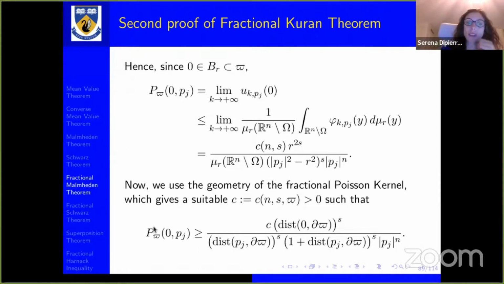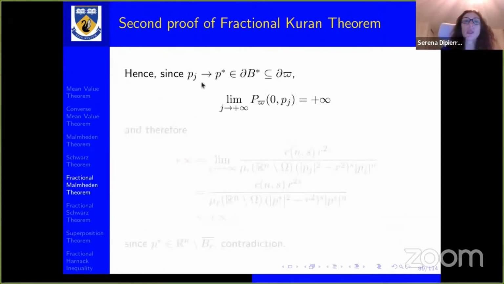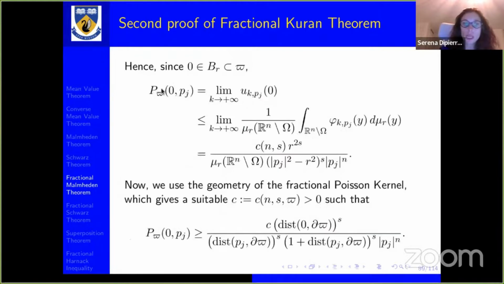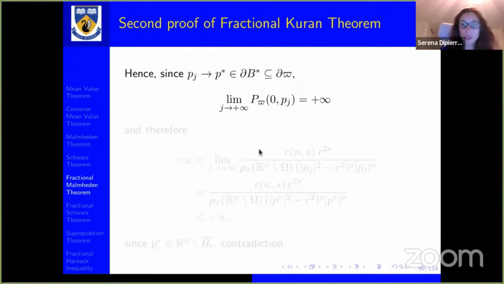So this object in j, as j goes to plus infinity, will blow up. Yeah, so this is what's written here. Because Pj converges to P star, this object will blow up. And so you see, I have something that goes to plus infinity here, bounded by the limit of this object here.